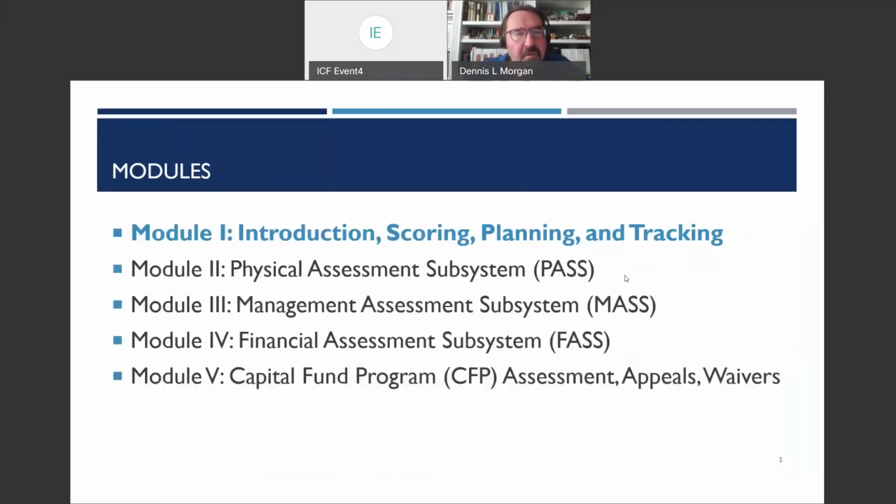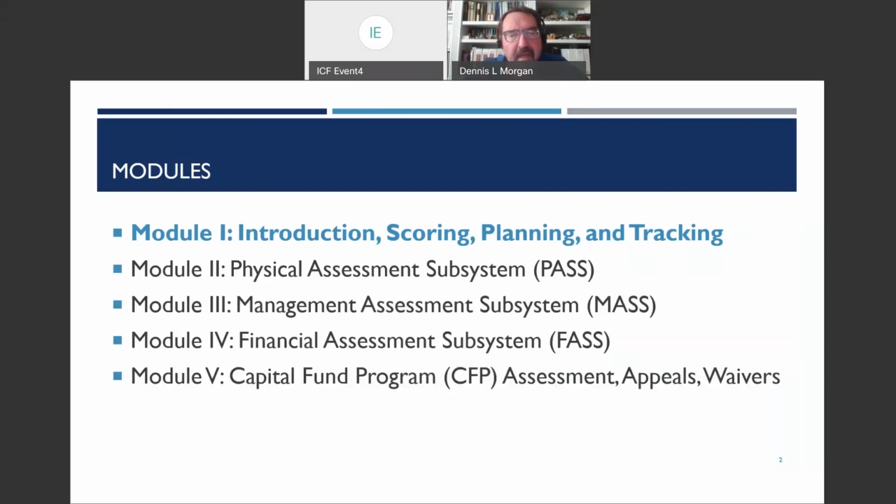In this first module, it's going to be an introductory module, and we'll introduce some of the overall larger scoring techniques, and then the planning, and then the tracking systems as well. We also have a pretest that is part of the functions, and hopefully you've had an opportunity to do the pretest.